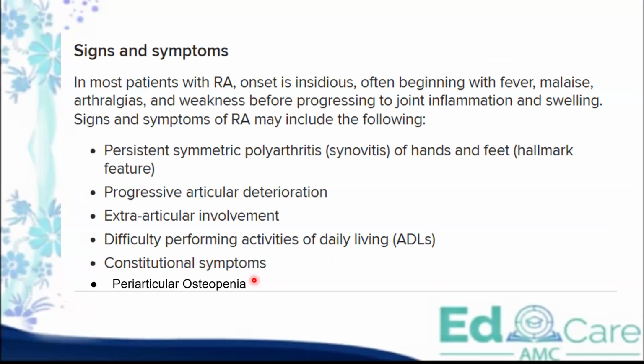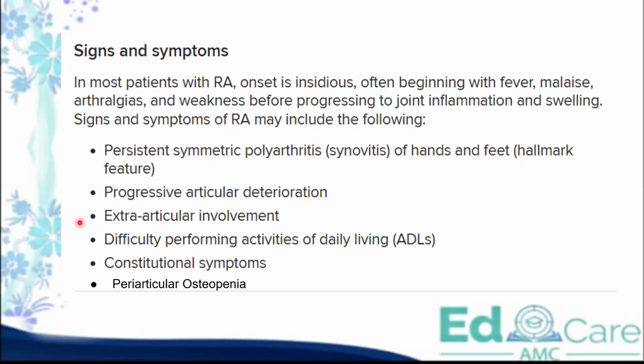So initially, they'll just have some very vague symptoms, right? So here it can be symmetric, it can be asymmetric. Remember that, right? So persistent symmetric polyarthritis of the hands and feet, if it's there symmetrical, it's a hallmark feature, right? So having symmetrical polyarthritis is a hallmark feature, but it's not a must, right?